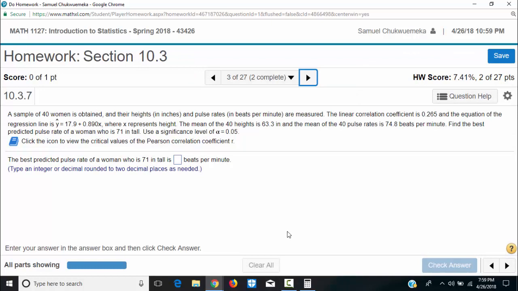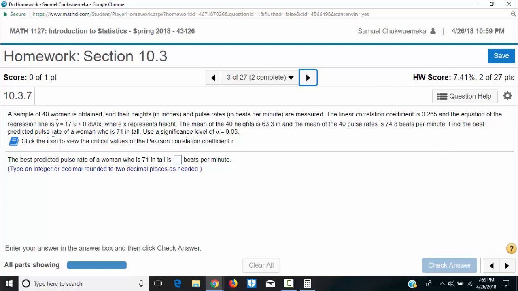Question 3. A sample of 40 women is obtained, and their heights in inches and pulse rates in beats per minute are measured. The linear correlation coefficient is 0.265. This is really, really small. I know it's a positive value, but it's really low.